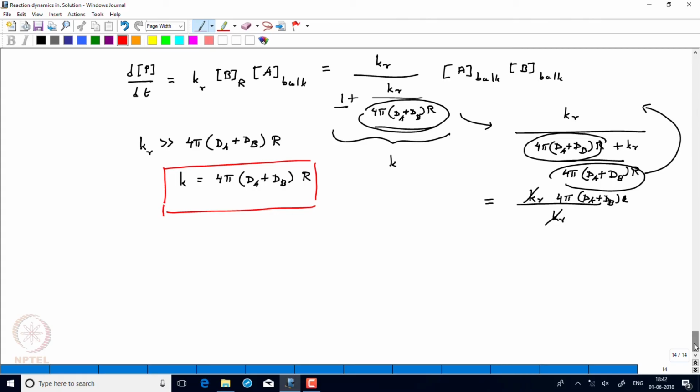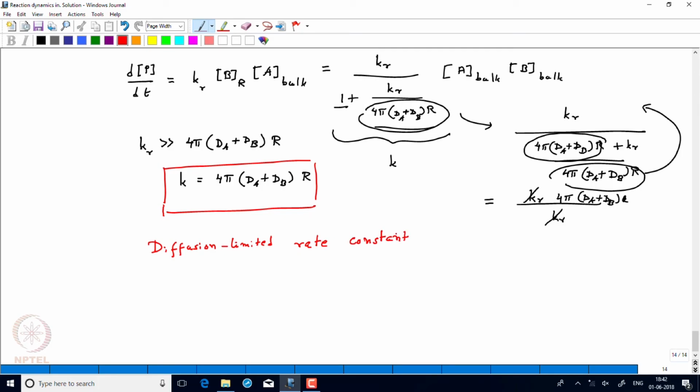So this is what we wanted to do, to find an expression for the diffusion limited rate constant. So this is the diffusion limited rate constant.